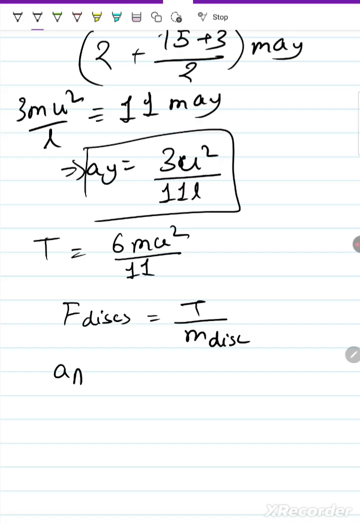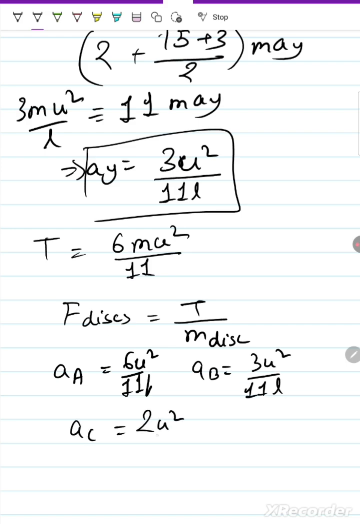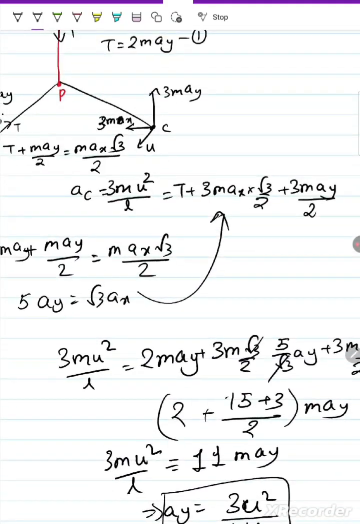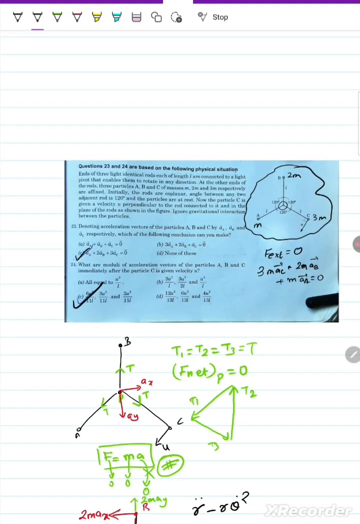Thus acceleration of A will be 6u square by 11L, acceleration of B will be 3u square by 11L, and acceleration of C will be 2u square by 11L. And that's our answer. Hence we get option C as the correct answer.